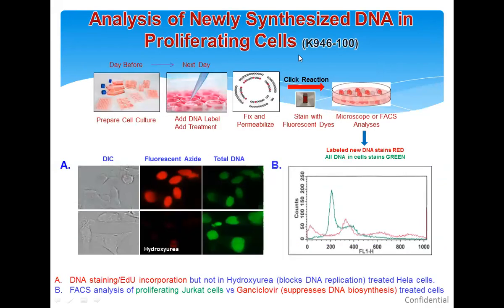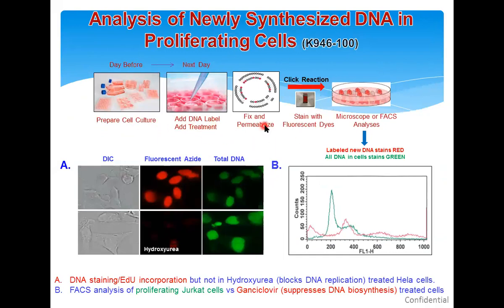To give you an idea of what I mean: you prepare your cell culture the day before. Next day, you add the DNA label, EdU. If you want to treat your cells with any inhibitors of DNA synthesis or proliferation, you can do that.